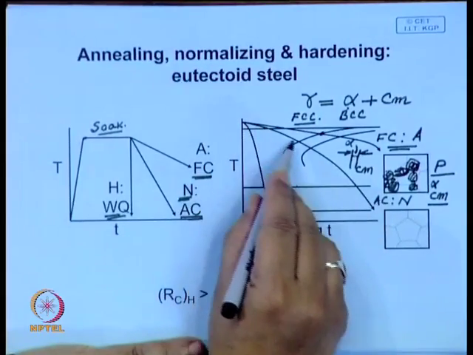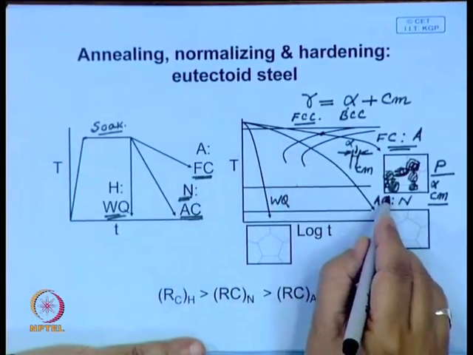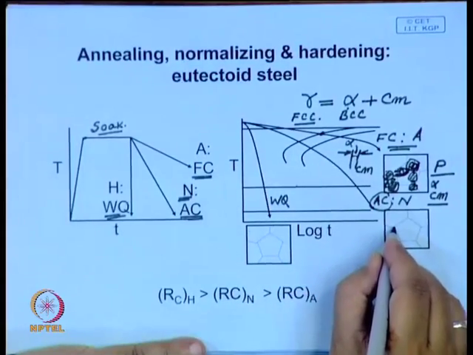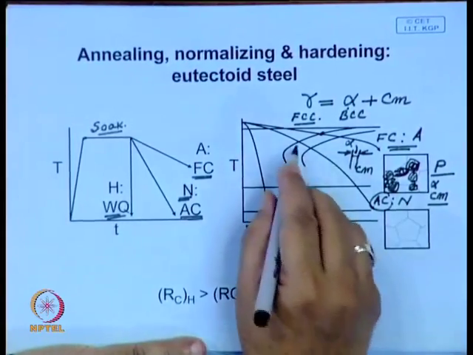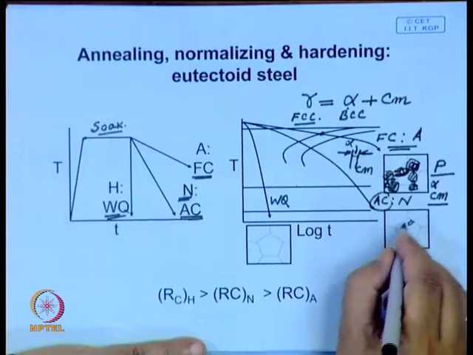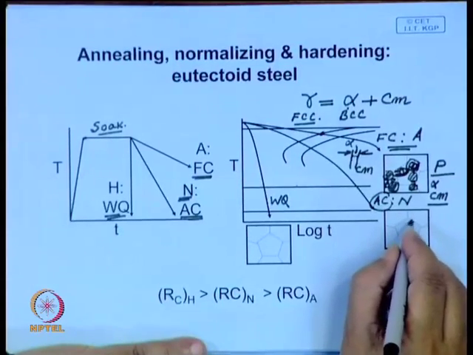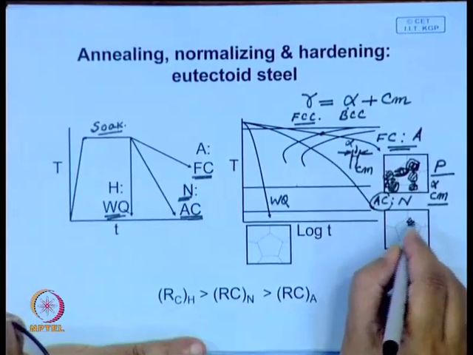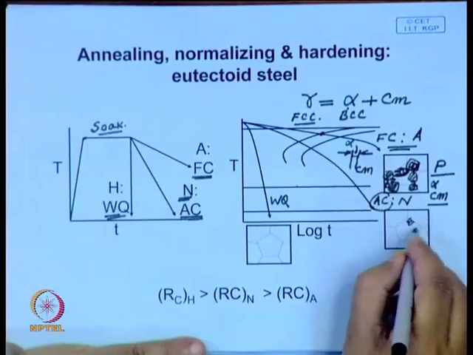Now, the process of transformation in the case of air cooling will also be exactly similar, only the rate of transformation will be faster. So, when this cementite grows, the rate is so fast that the nucleation of both cementite as well as ferrite plates, they form one after the other, and the process is so fast.